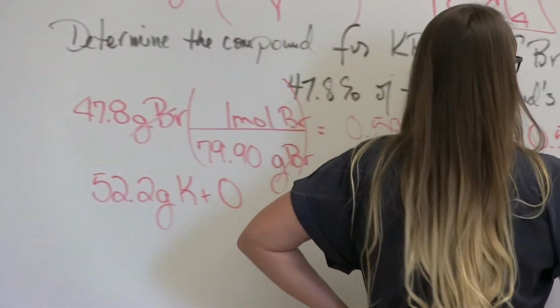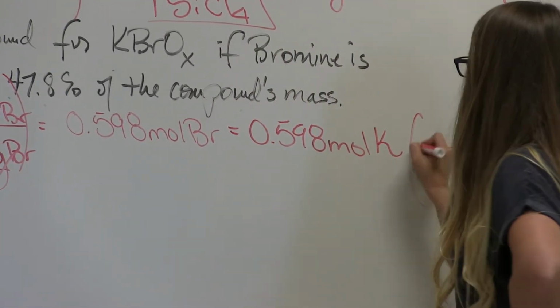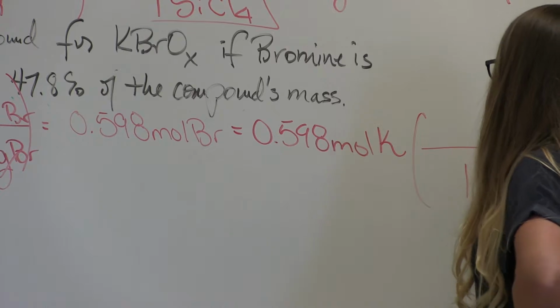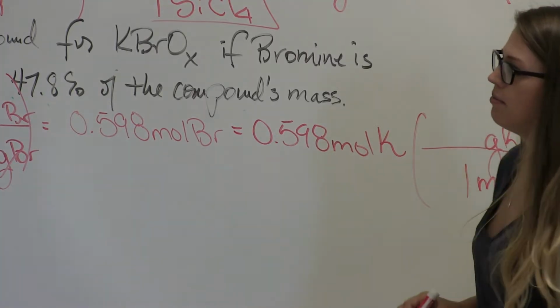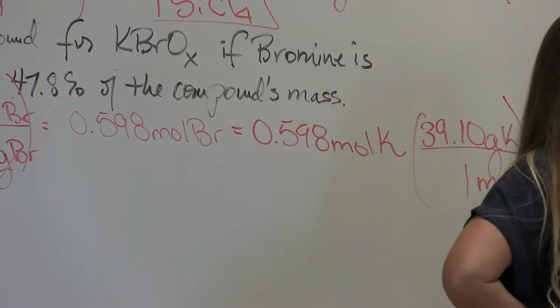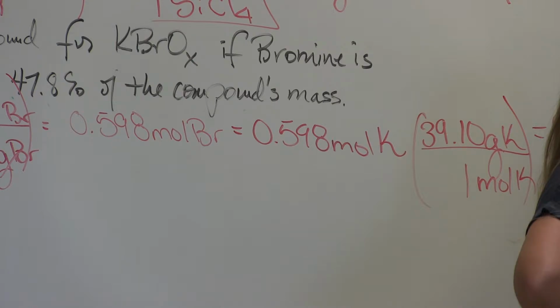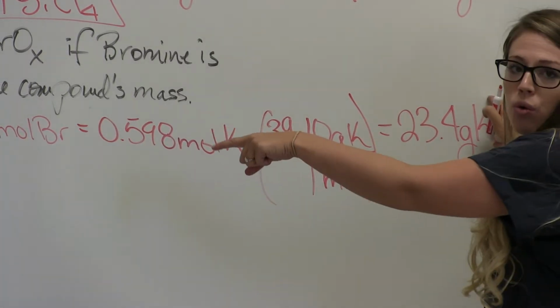So next step is, let's convert this to mass of potassium. So moles of potassium is going to go on the bottom. We know this is 1 mole. Going to go to grams of potassium. Potassium is 39.10. Okay, so the mass of potassium is going to be 23.4 grams of potassium. So now I figured out how much potassium is in that total down there.